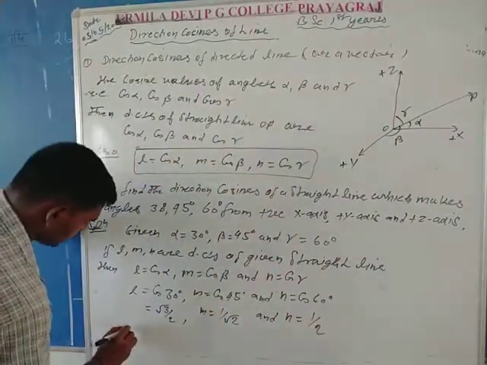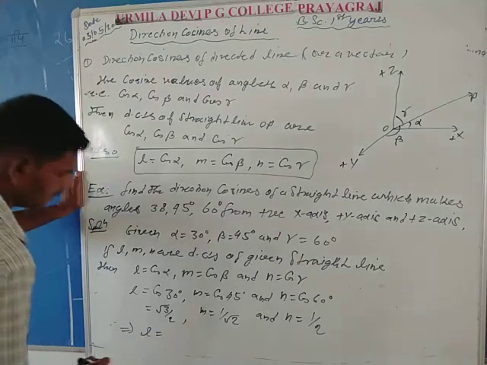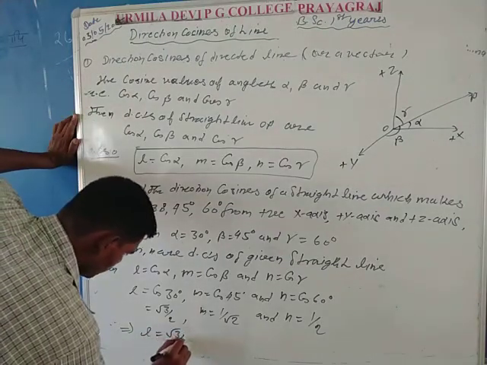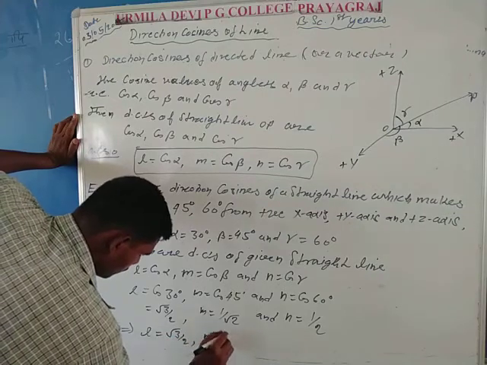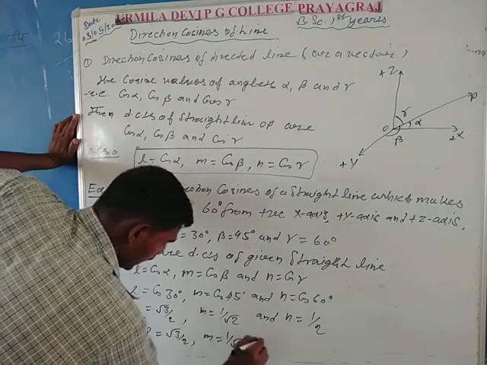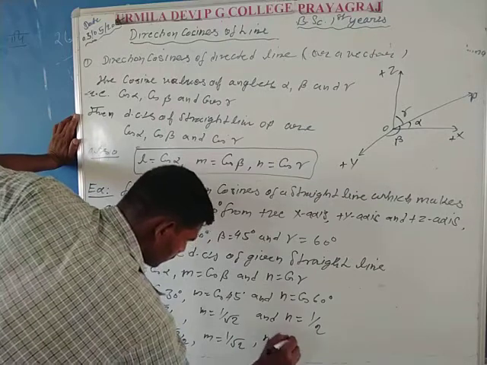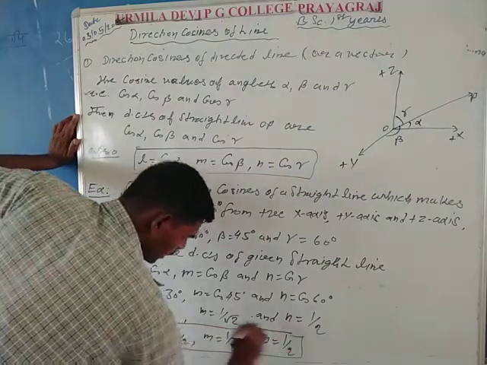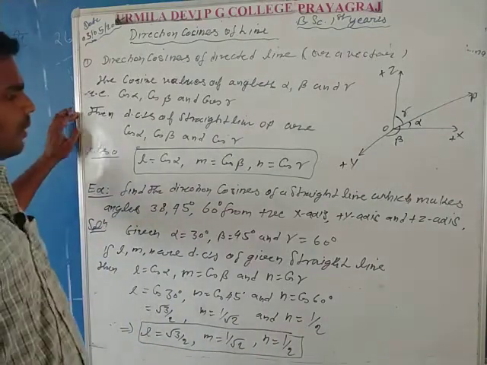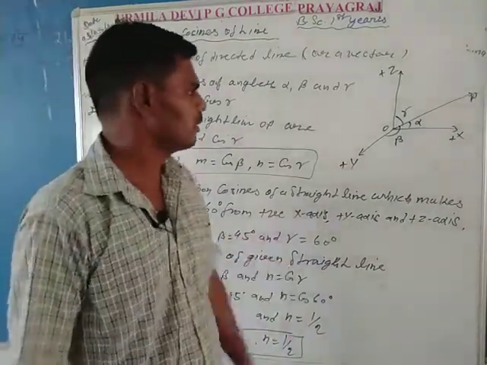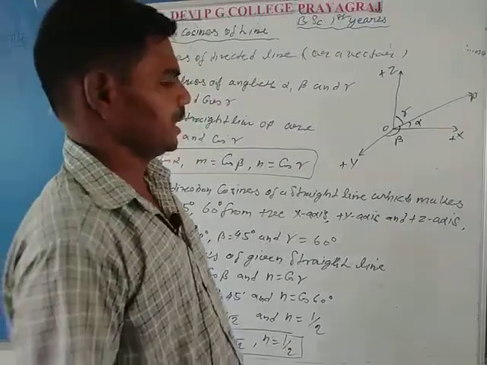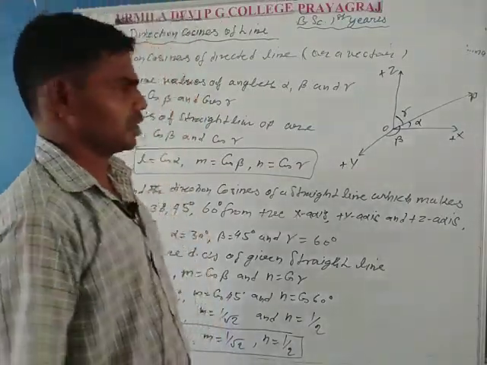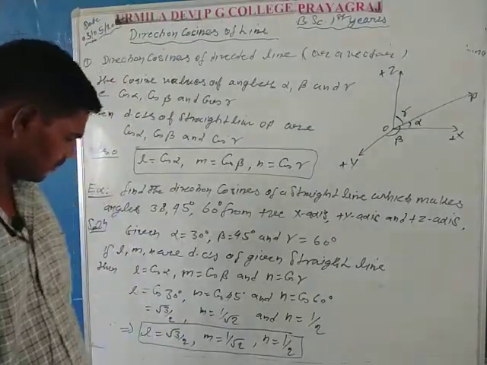So it is clear that the direction cosines of the given straight line are root 3 by 2, 1 by root 2, and 1 by 2. These are the direction cosines of the given straight line which makes 30 degree, 45 degree and 60 degree with the positive x-axis, positive y-axis, positive z-axis.